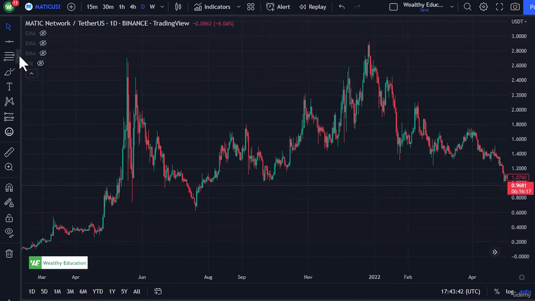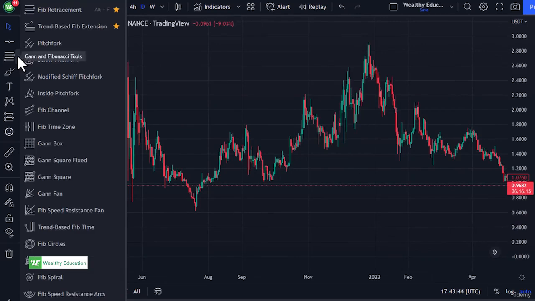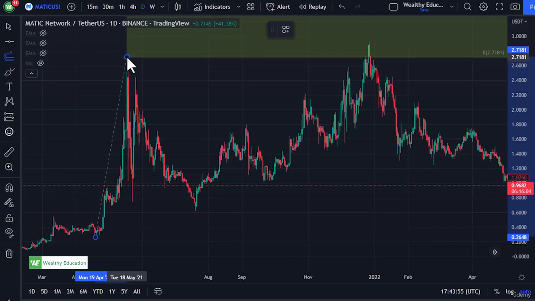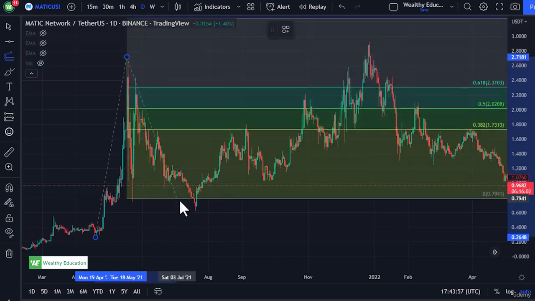There's also, click on this, Fibonacci, trend-based Fibonacci extension, which is a Fibonacci extension. So you click from, in this case, swing low to swing high.